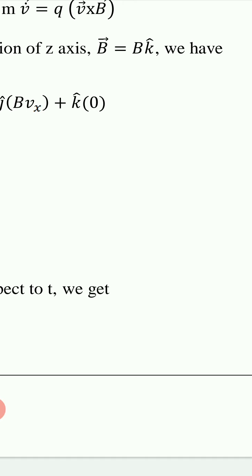We write unit vectors along the directions of x, y and z axis as i cap, j cap and k cap. So B vector is B k cap. It is along the direction of z axis.